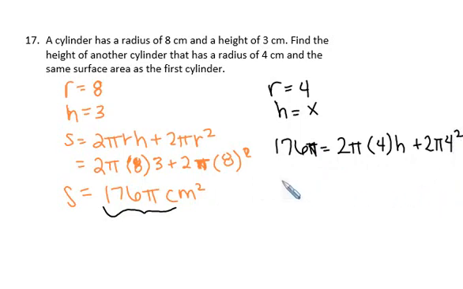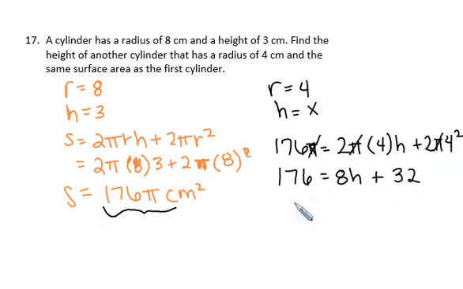Hopefully this is barely going to fit on the screen. There we go. So now notice each of these terms has a pi, so I'm going to go ahead and divide that out so they will cancel. I'm left with 176 equals 2 times 4 times h plus 2 times 4 squared. So I'm going to rewrite this. Now I have 8 times h plus 32, because 4 squared is 16, and 16 times 2 is 32.